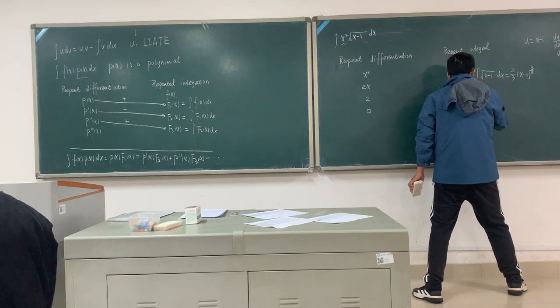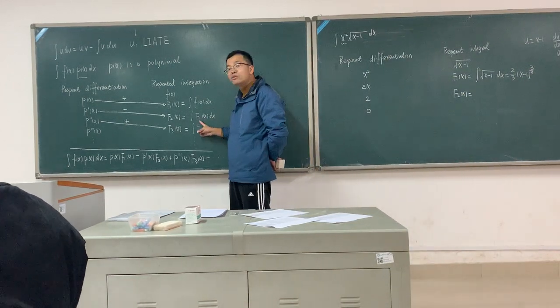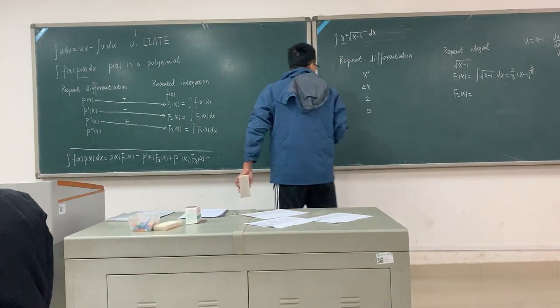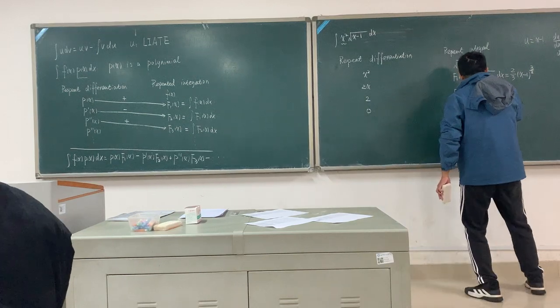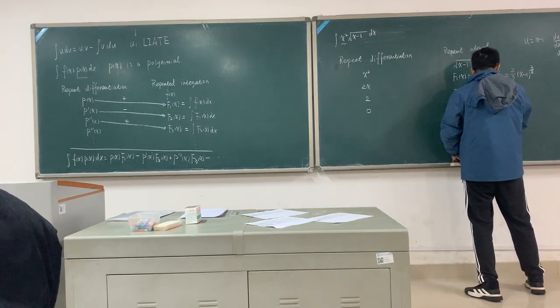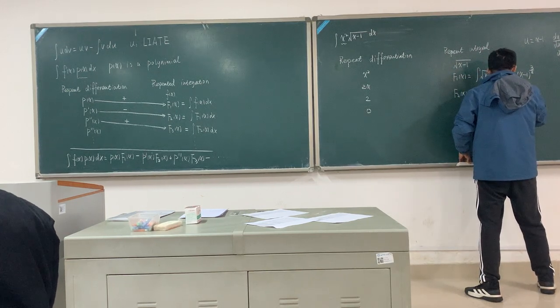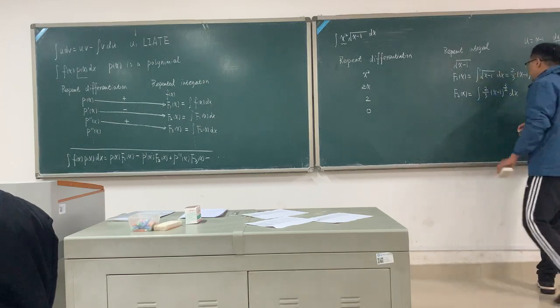So F2(x) is the antiderivative of capital F1. So here is the antiderivative of 2/3 times (x minus 1) to the 3/2 power dx.